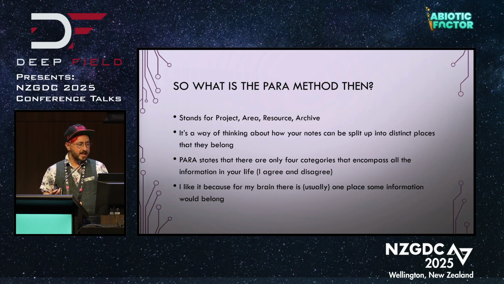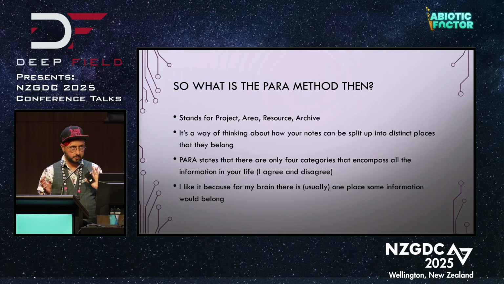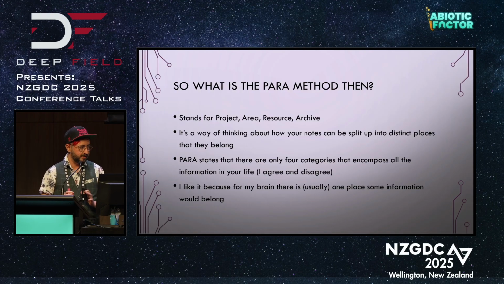It's a way of thinking about how your notes can be split up into distinct places that they belong. Basically, PARA states that there are only 4 categories that encompass all the information in your life, which I agree and disagree with. Evidently, because I modified it, I don't fully agree with that. But I like it because for my brain, there is usually one place a thing will belong, and that's important.